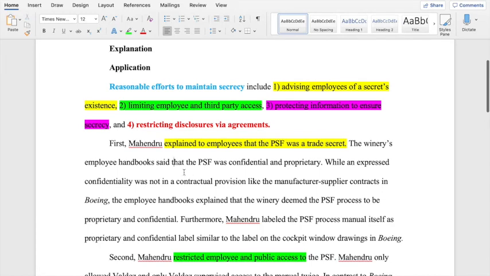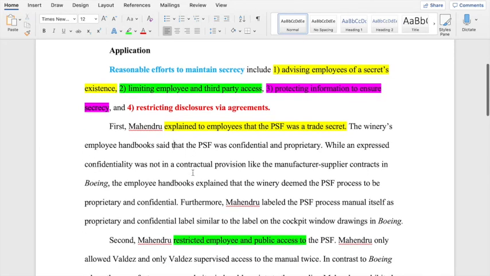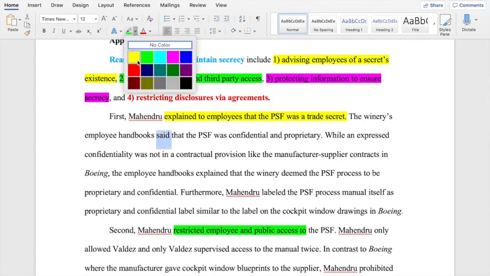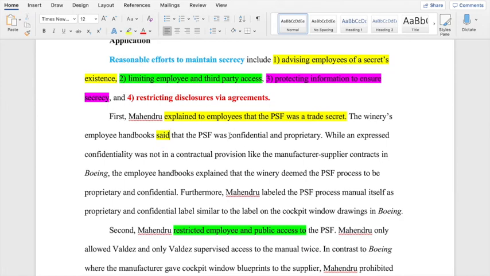So, for instance, if we were to go back to this first paragraph that's in yellow, that she explained that it was a trade secret. Again, we have said, which is another version of explain, confidential and proprietary. So that's like hearkening back to that topic sentence.